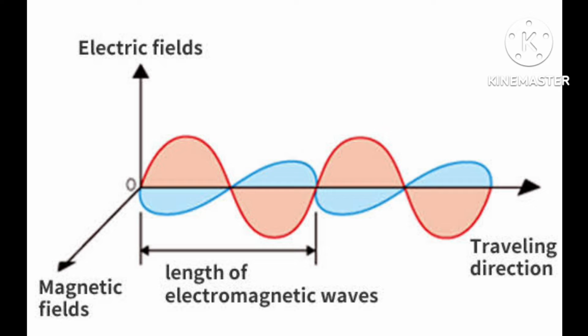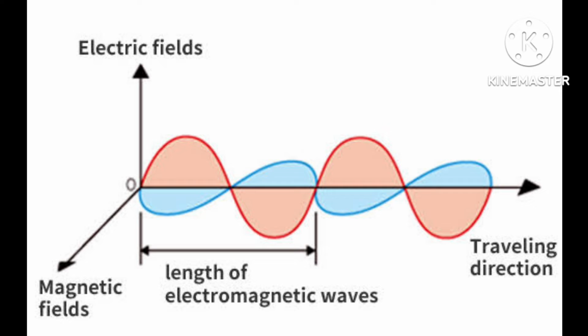This is what I have told you: one wave is the electrical field and the other wave is magnetic. That's why it is called electromagnetic, electric plus magnetic.